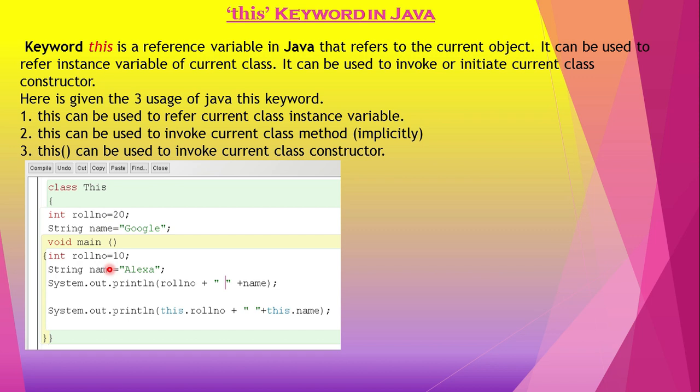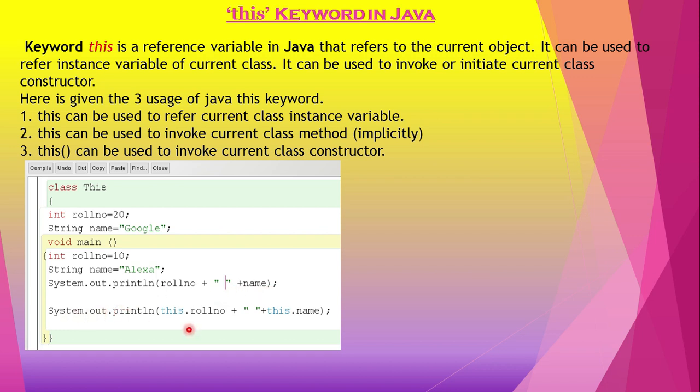This won't make any problem because this is an instance variable and this is a local variable. System.out.println rollNumber, name will always give importance to the local variable. So the answer printed will be: rollNumber means 10, then name Alexa. 10 Alexa will be printed.